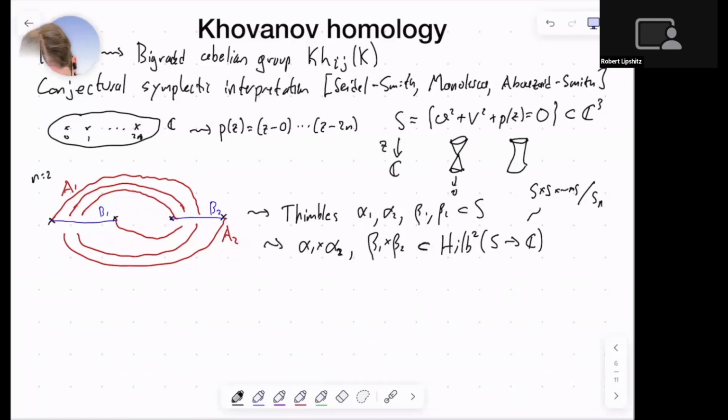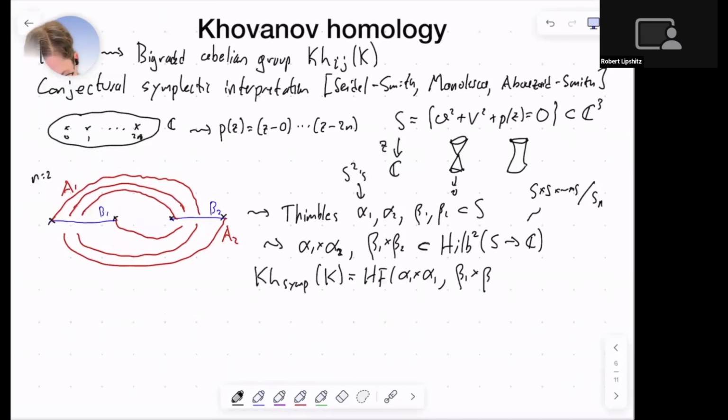Okay, and then symplectic Khovanov homology of our knot K is the Lagrangian intersection Floer homology of these products of two spheres. Oh yeah, these are all two spheres, S2s.